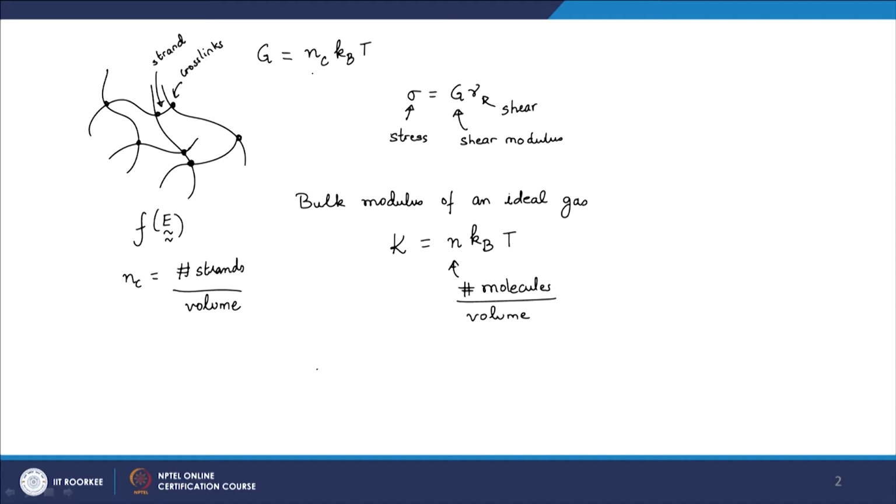Here also we have something like numbers per unit volume, or number density, but now we have number of strands per unit volume. But the key idea here is, just like the bulk modulus of an ideal gas is very small, ideal gas is not really highly stiff, it is very soft, as soft as it can be.